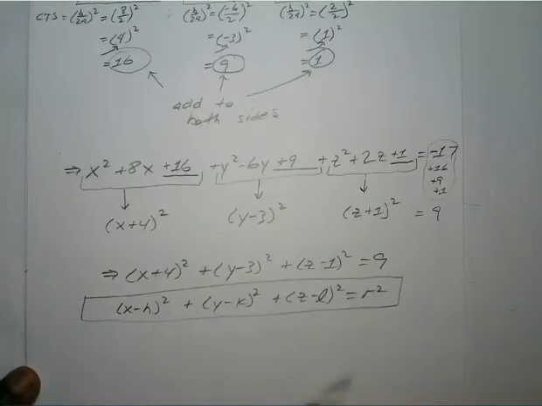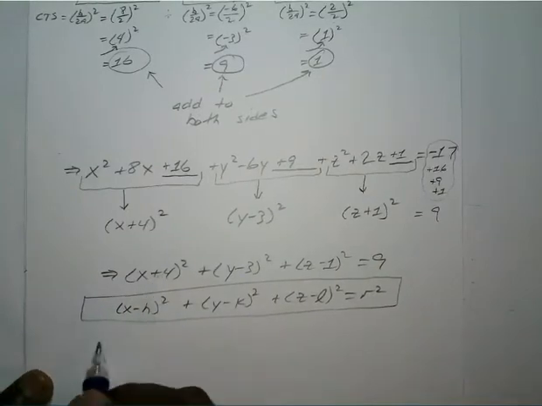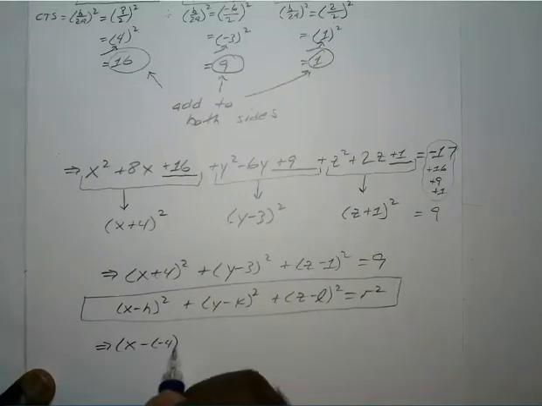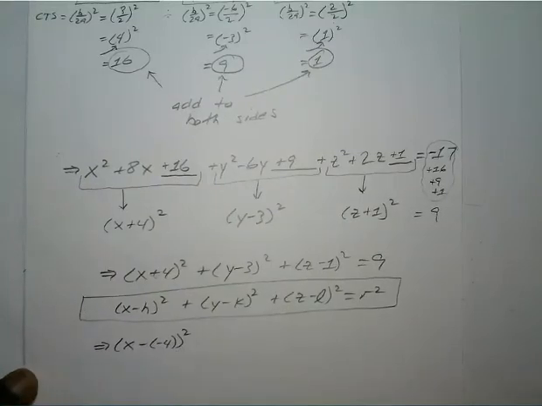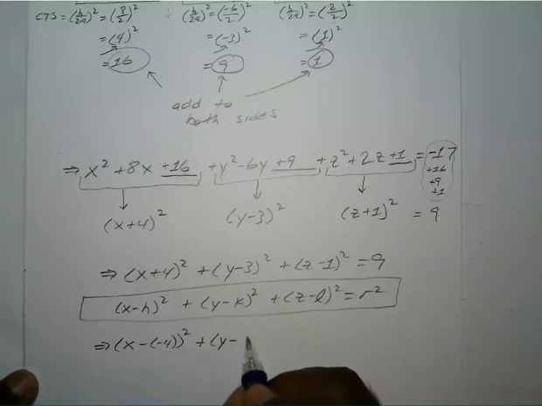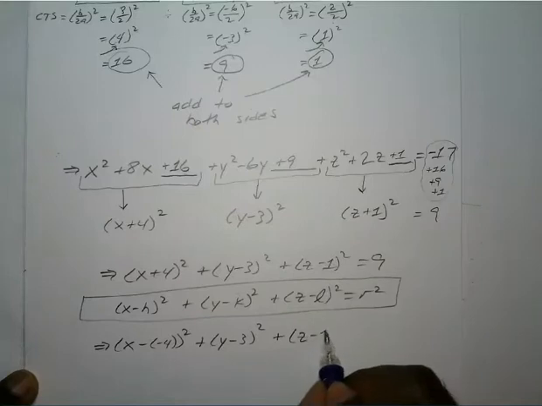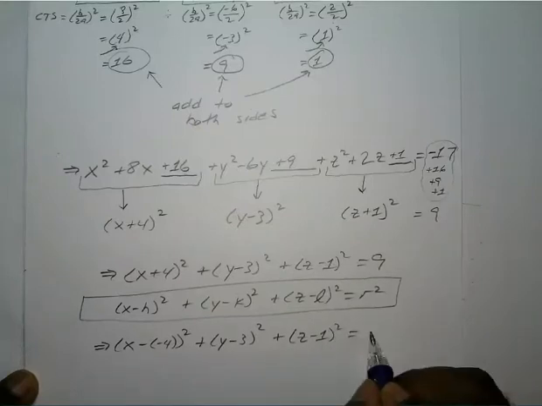Okay, so what do we do? We rewrite it as minus negative, because that's still plus. Okay, so we have x minus negative 4 squared plus y minus 3 squared plus z minus 1 squared equals 3 squared.